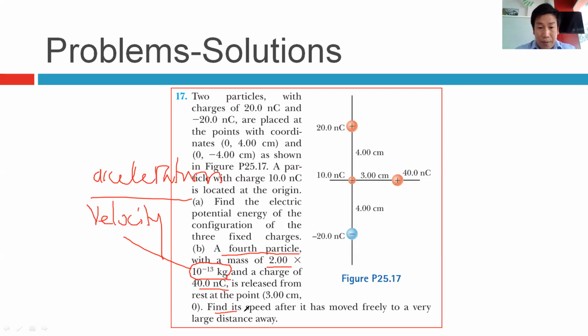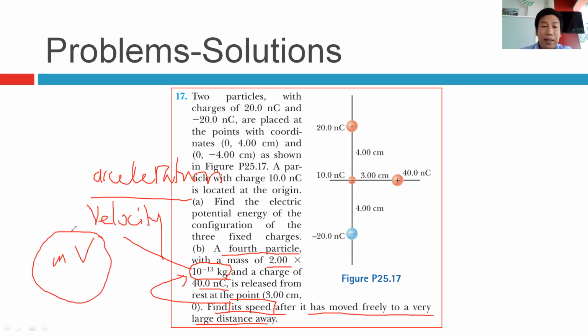And they ask us to find its speed after it has moved to a very large distance. They ask for the speed, but we have a mass, so speed and mass may relate to the kinetic energy, K equals one half m v squared, right?